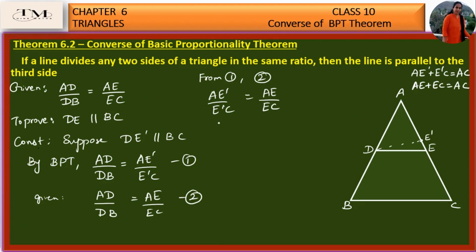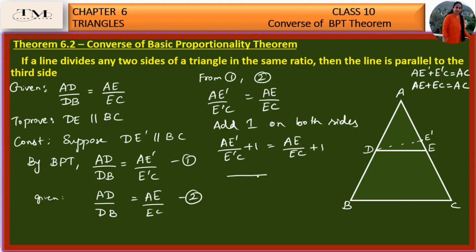So, how do we do this? There is a trick. We have to add 1 on both sides. So if we add, AE dash divided by E dash C plus 1 equal to AE by EC plus 1.